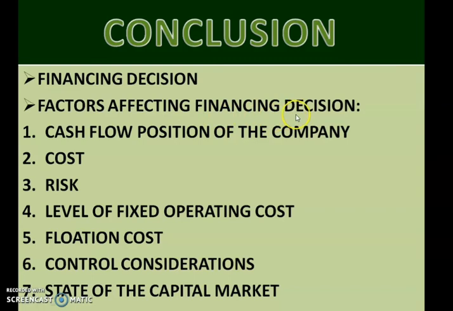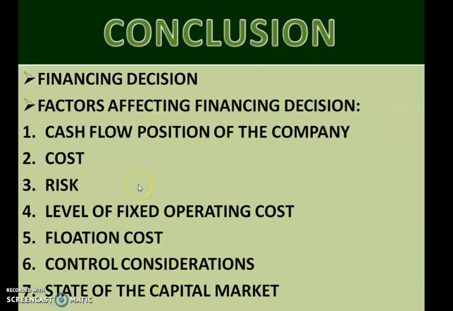Actually, financing decision is making a decision of which source of finance should be opted, or what should be the combination of equity and debt in your business. So when you make the decision, these 7 factors have to be considered.